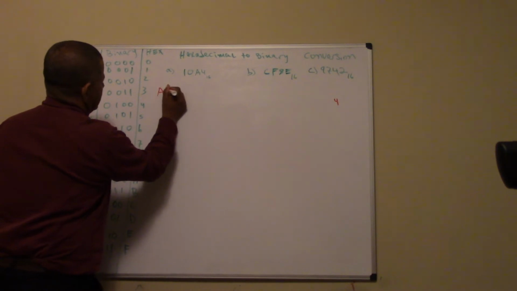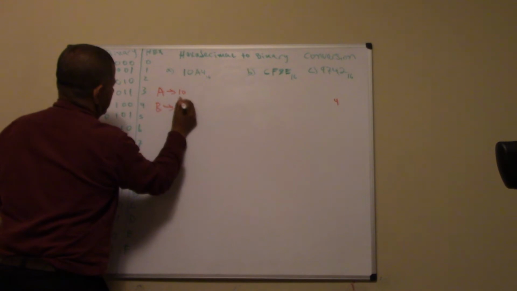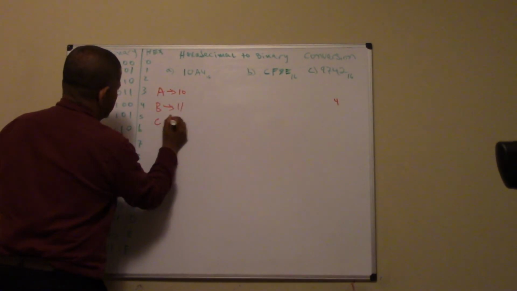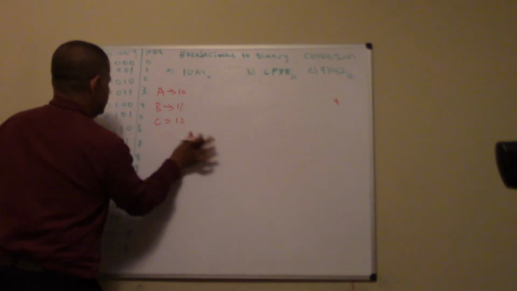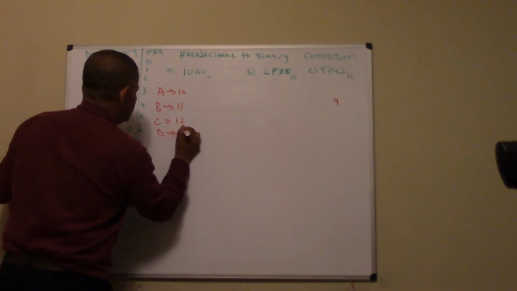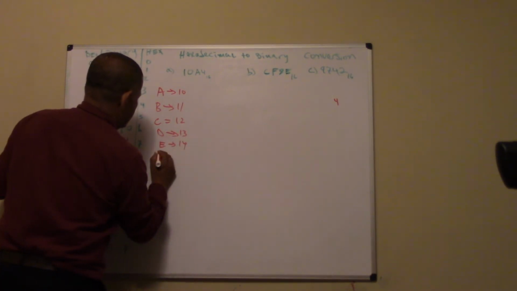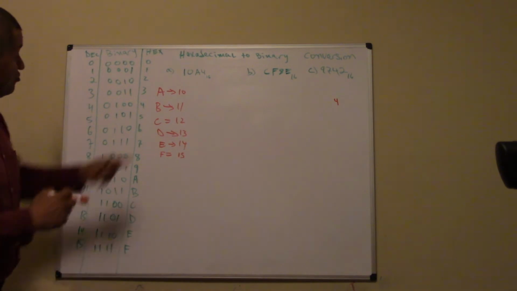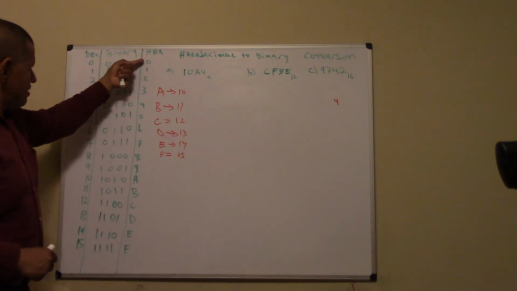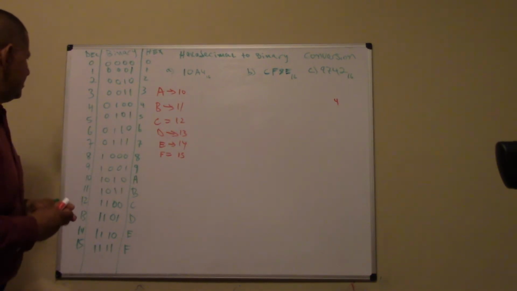So we know that A is equal to 10, B is equal to 11, C is equal to 12, D equal to 13, E equal to 14, and F is equal to 15, right? Okay? So if you remember this, it's easy, from 0 to 9 is the same thing, right?